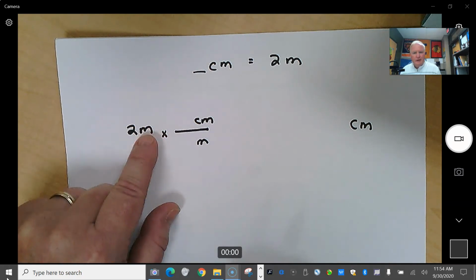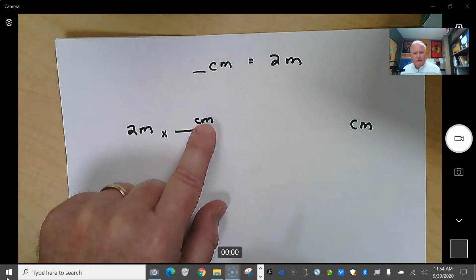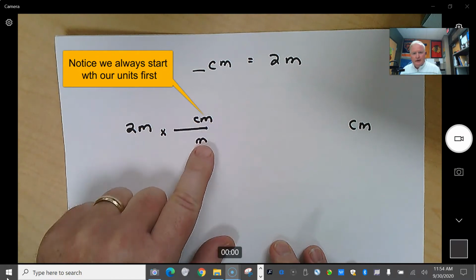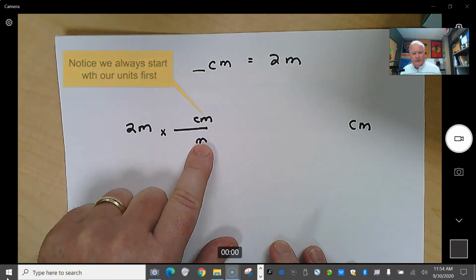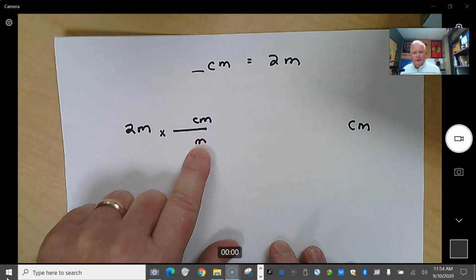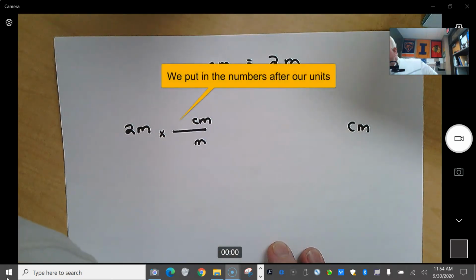Right. So now we have a set of units in a conversion factor. Now we just need to get the numbers. And this is what we've been practicing. So we say to ourselves, all right, I need to find a conversion factor between meters and centimeters. And I ask myself, which one is bigger? Is it meters or centimeters?